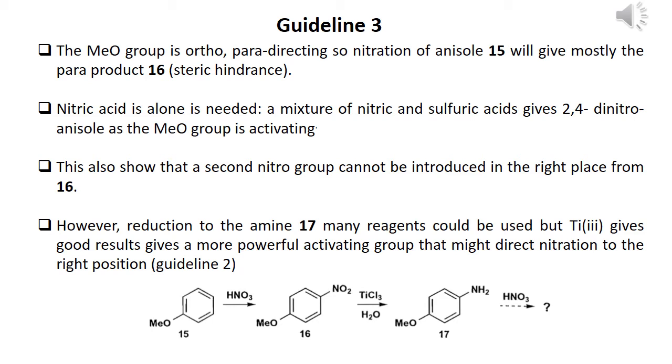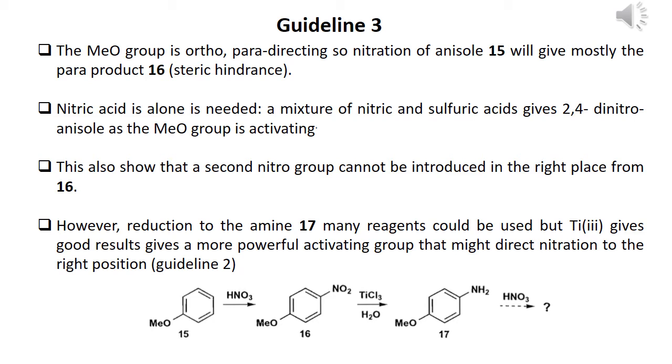So nitric acid alone is needed. A mixture of nitric acid and sulfuric acid gives 2,4-dinitroanisole as the methoxy group is activating. So what is happening? 2,4-dinitroanisole is produced if we use a mixture of nitric acid and sulfuric acid.